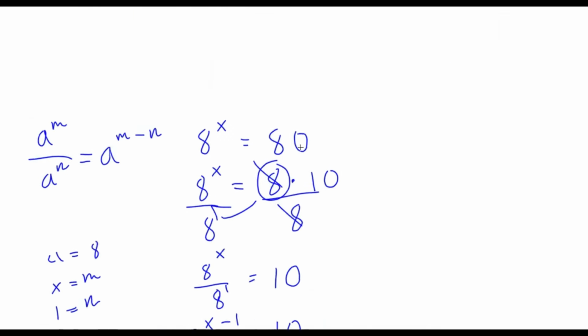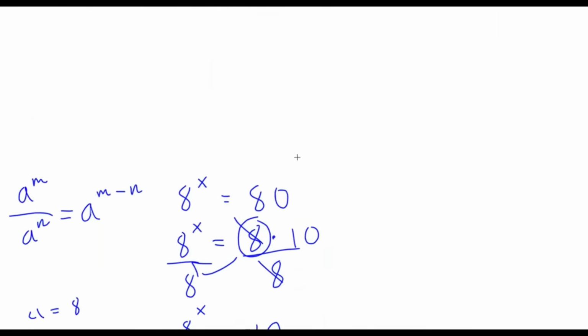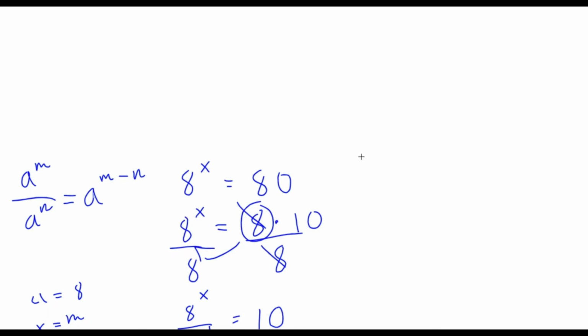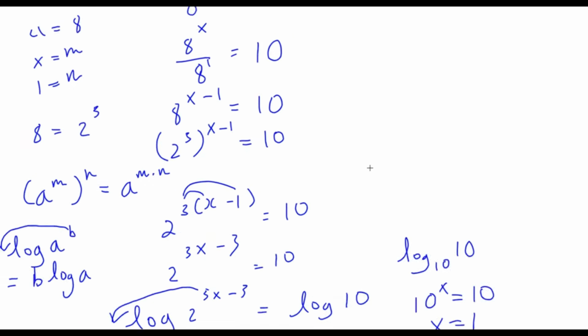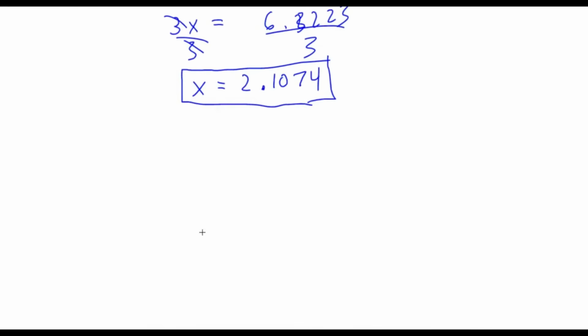And now, remember our original equation was 8 to the power of x is equal to 80. So if I plug 2.104 into my calculator, so 8 to the power of 2.104, let me plug that into my calculator.